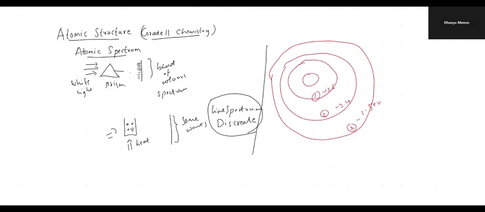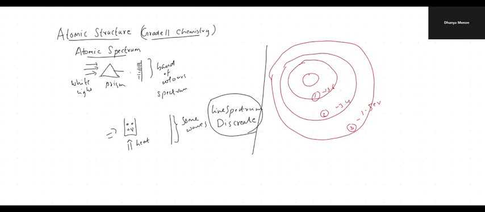Now the electron is always stable when it is in the lowest energy level. So if they lose energy, they can return back to the lower energy level. And when they return back, they will emit radiations.